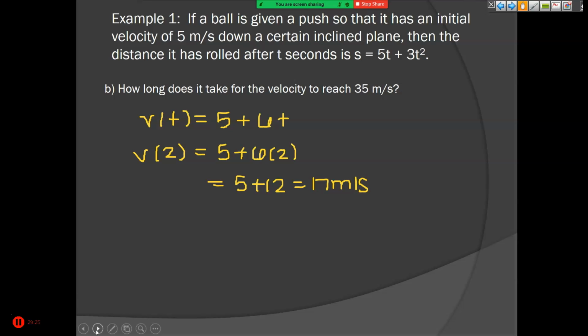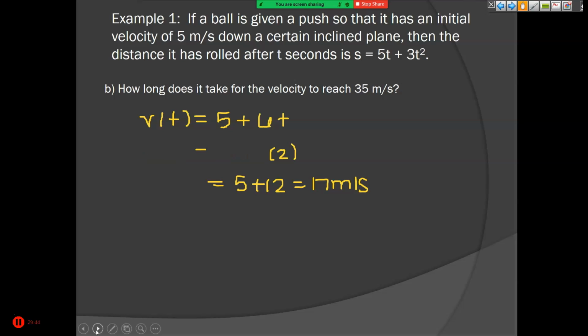And then part B, how long does it take for the velocity to reach 35 meters per second? So we have different things, right? So this time, the velocity at 2 seconds is 17 meters per second.